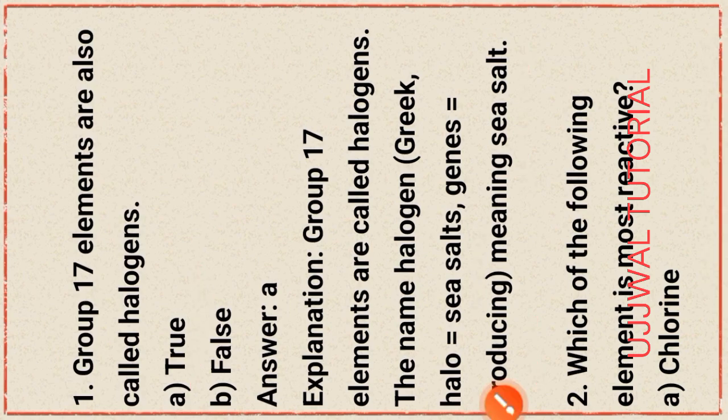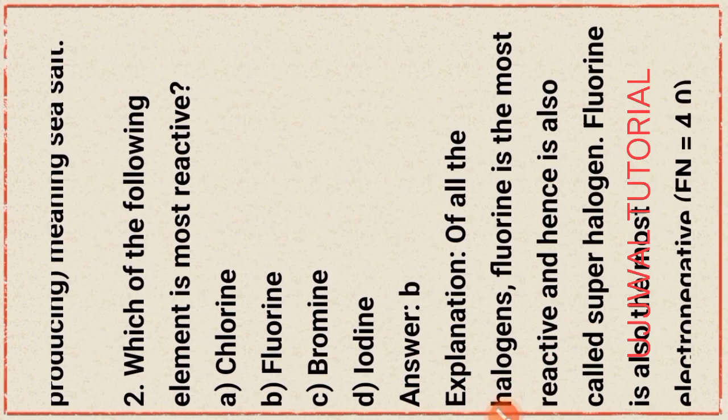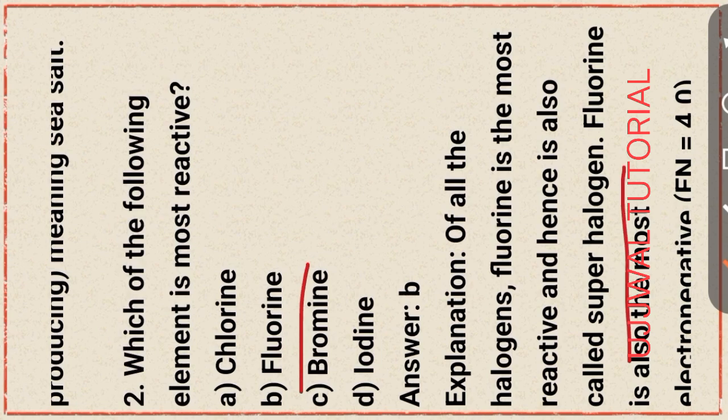Next question, question number 2: Which of the following elements is most reactive? Option B, that is fluorine. To explain, of all the halogens, fluorine is the most reactive and hence is also called a superhalogen.